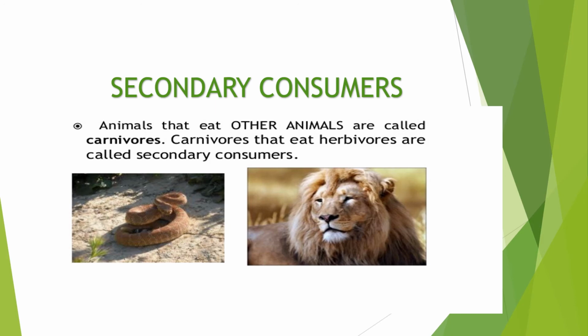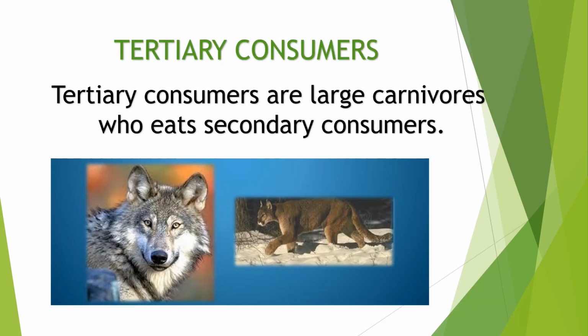Next is secondary consumers. Secondary consumers are the carnivores that eat the herbivores. Tertiary consumers, they are large carnivores who eat the secondary consumers.